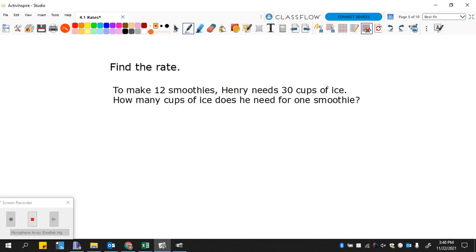To make 12 smoothies, Henry needs 30 cups of ice. How many cups of ice does he need for one smoothie? So we're talking about one smoothie, which means smoothie goes on the bottom. So 12 smoothies, and he takes 30 cups of ice.